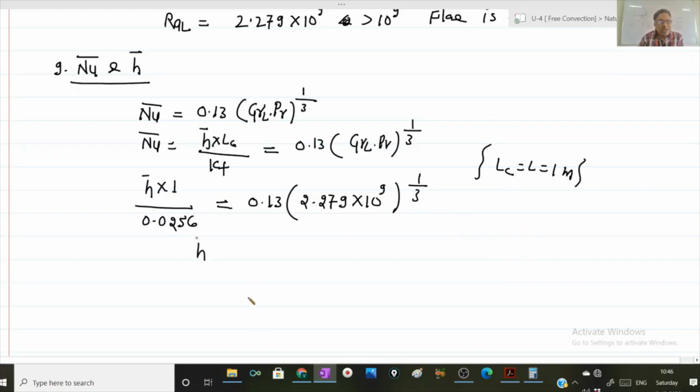From here I can calculate the value of average convective heat transfer coefficient as 4.379 watt per meter square Kelvin.